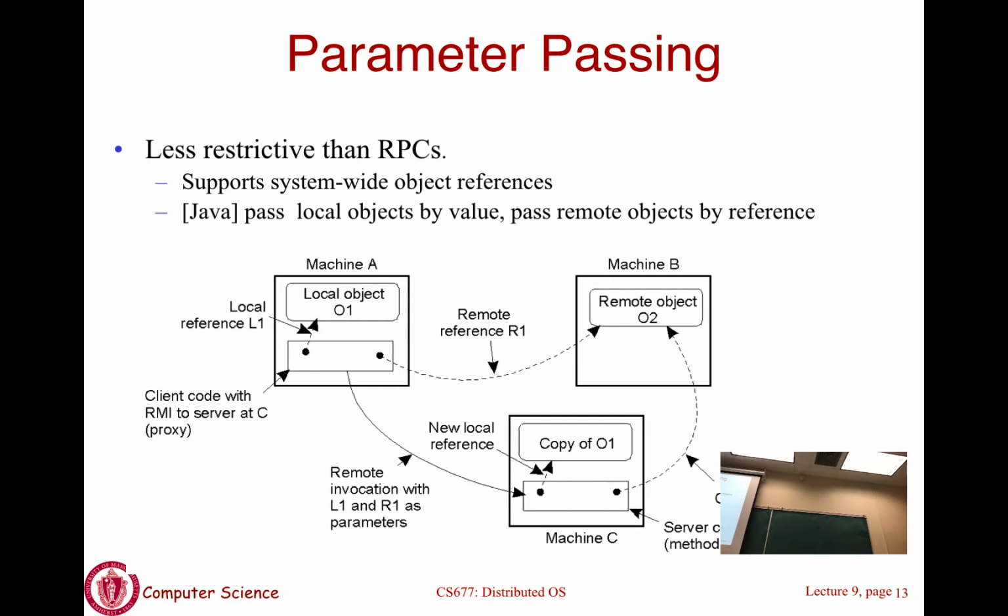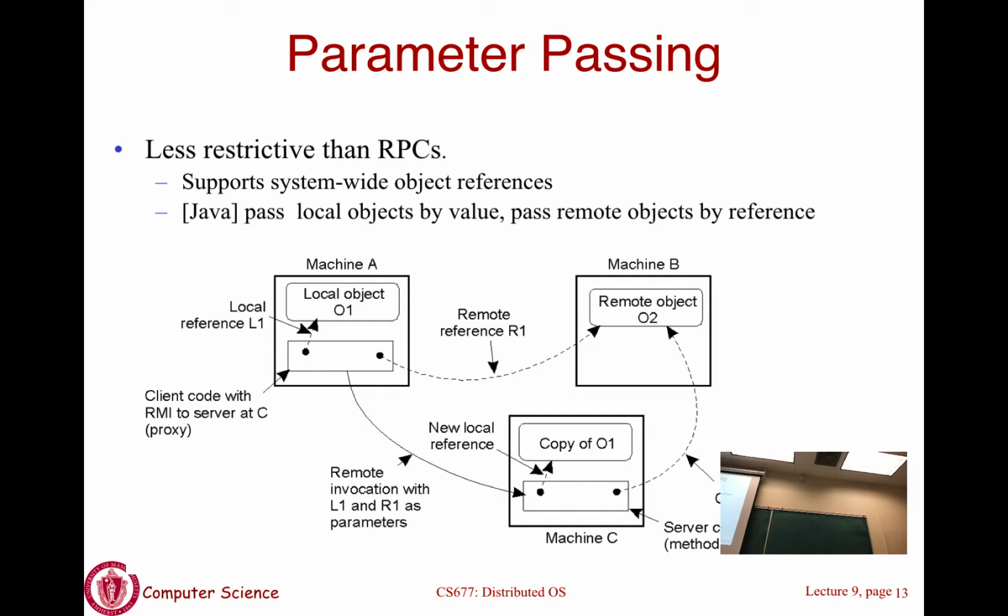That is going to be passed by reference, and when you dereference it, it will actually trigger additional calls to the actual object O2. Meaning there's only one global copy. If you make method invocations, it will go to that actual object. Here you will see that there are two copies. There's a primary copy and you made a second copy. So any method invocations here will change this state. When you made an RMI call, if there are additional method invocations here, it will change that state. So that's the difference between the two.